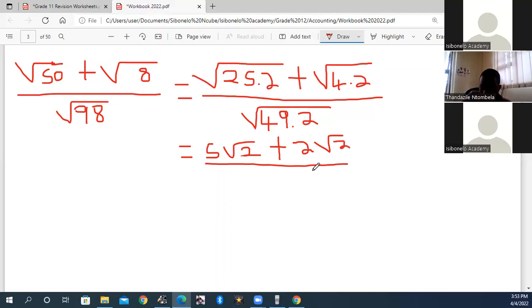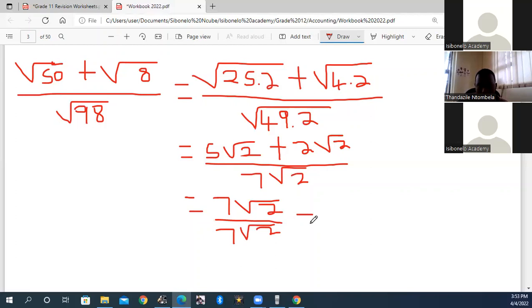All over i-square root sika-49 uba? 7 root 2. So lento le isizosinika bani? 5 root 2 plus 2 root 2, 7 root 2, all over 7 root 2. Okugcine kusinika bani lokhuya? 1.